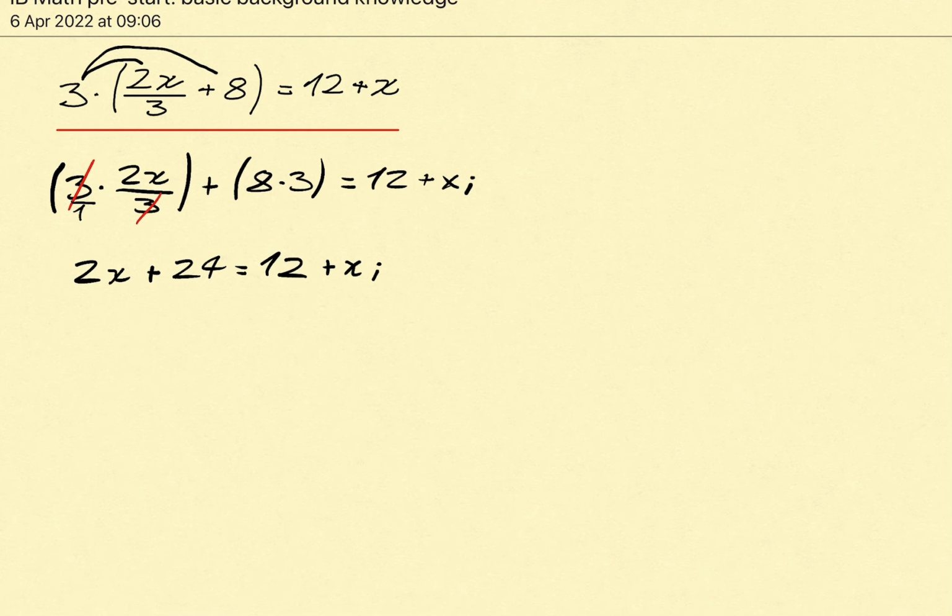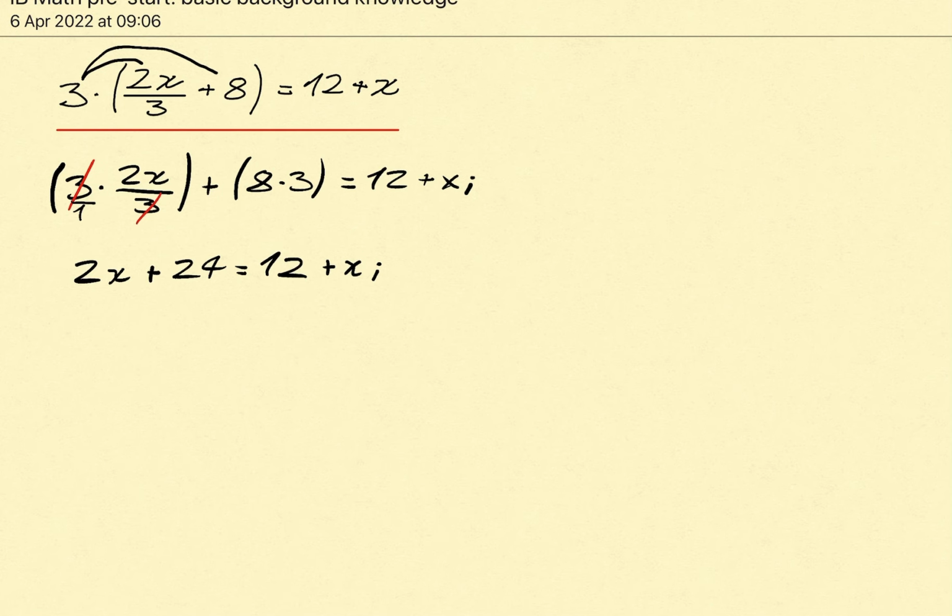So we've got x's here. We've got 2x here, and then on the right-hand side of the equation, we've got a single x, and then we've got numbers here and more numbers here without any x.